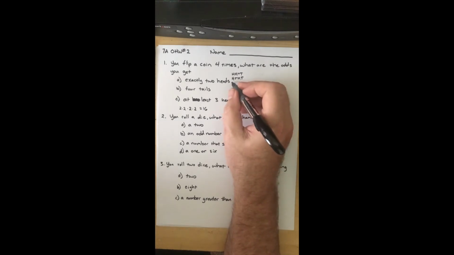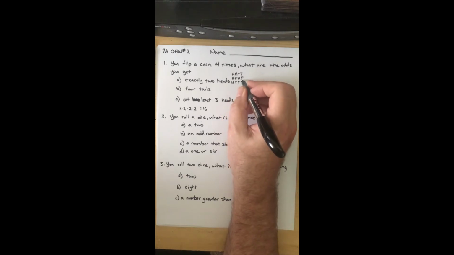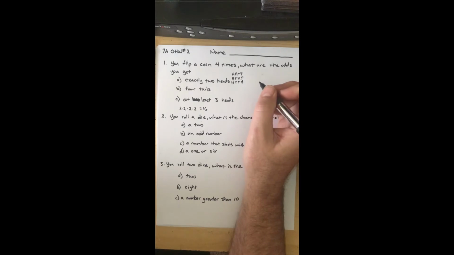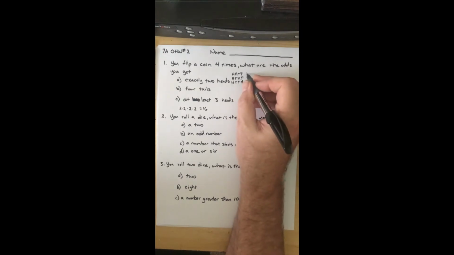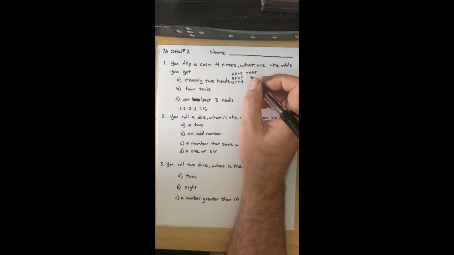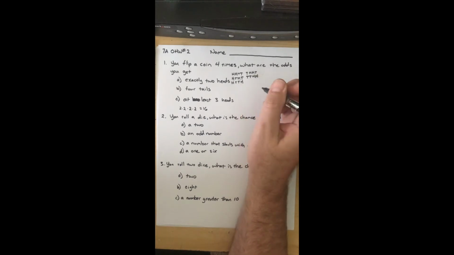Then I could have heads, tails, tails, heads. I could have them in the middle together: tails, heads, heads, tails. I could have them all the way on the right: tails, tails, heads, heads. I feel like I'm missing something.